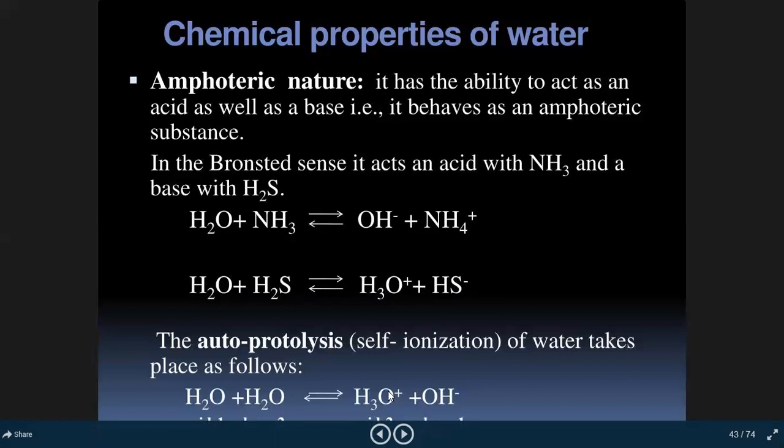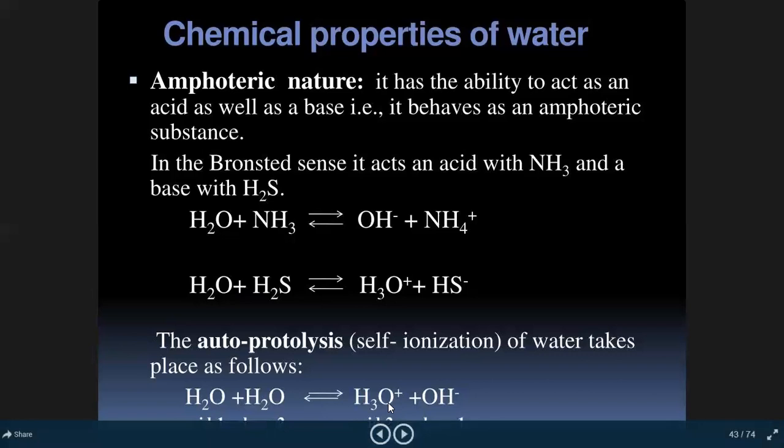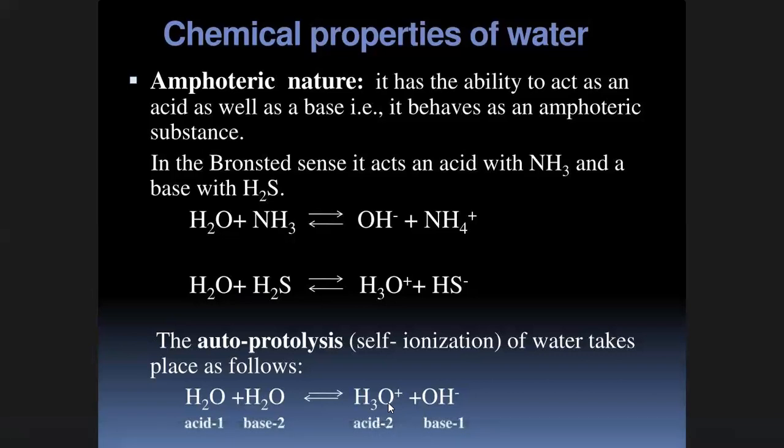Okay. So the protolysis or self ionization of water takes place as follows. If you do autoprotolysis, autolysis मतलब self reaction. अगर water molecule को water के साथ ही react कराया जाए, तो what happens? One molecule will act as base, another will act as acid. And what happens? You will get acid and base. What? H3O positive and OH negative.